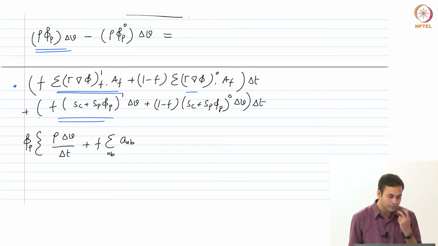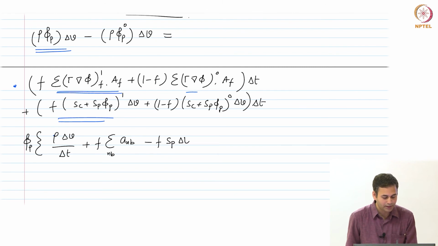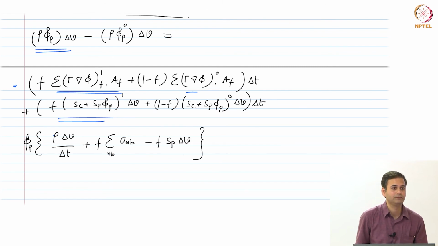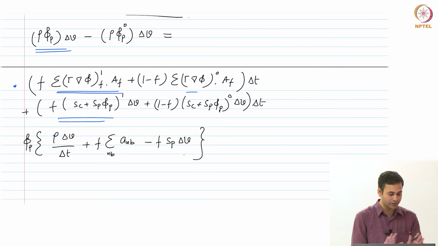That will go into f sp delta v, right. We have already divided with delta t. So, this will be plus or minus? Minus, right. This will be minus f times sp delta v, that is all on the left hand side, right. So, we have successfully written phi p coefficient, correct, or would any other term contribute? That is all, nothing else.